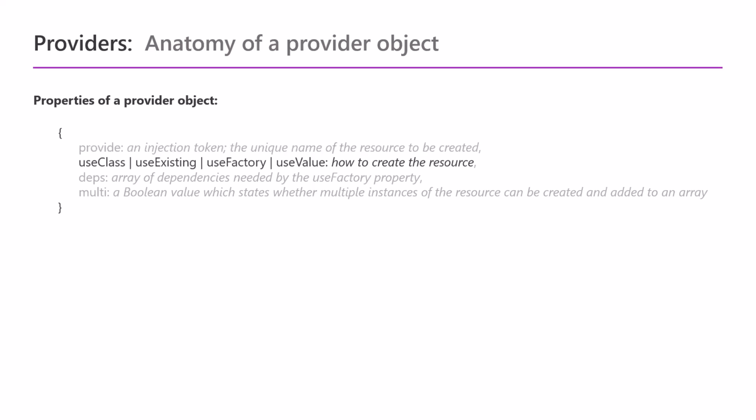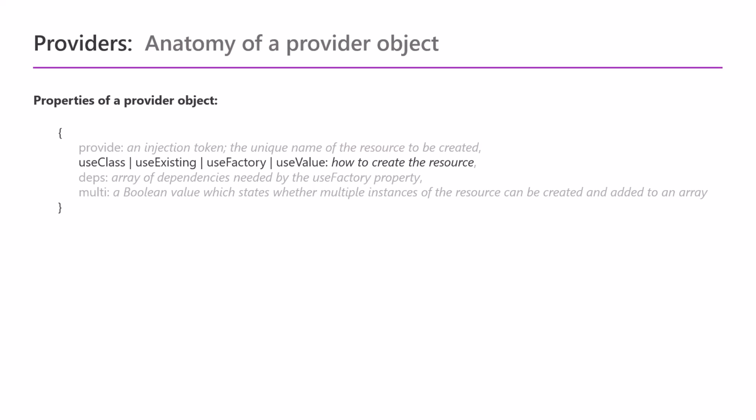The next properties are mutually exclusive, meaning you only use one of these in a provider object. Essentially, we use the useClass property when we want to replace one service with another service. We use the useExisting property when we want to replace the resource stated in the provide property with any resource that's previously been registered in our application.